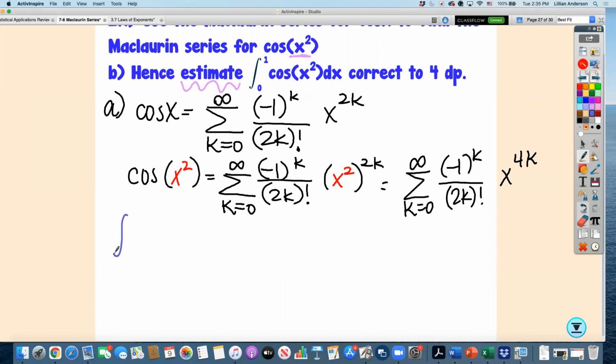I can replace cosine x squared with the Maclaurin series that we just found in part A. And remember your rules of integration.